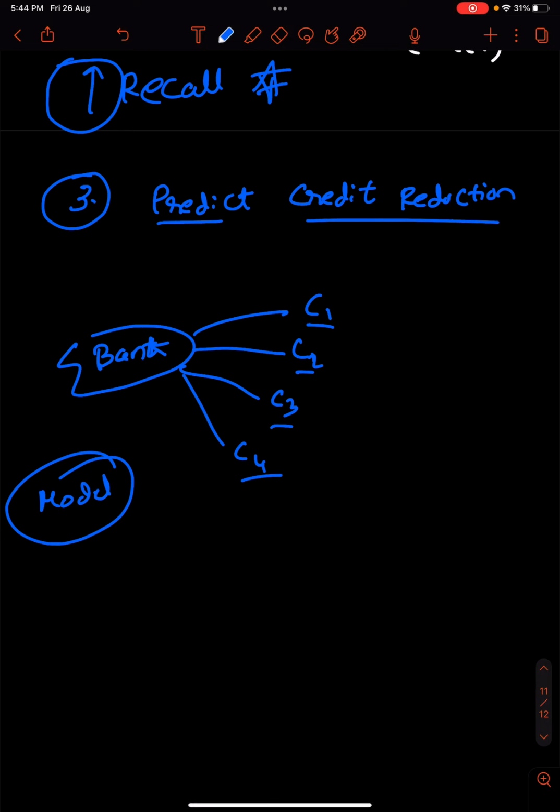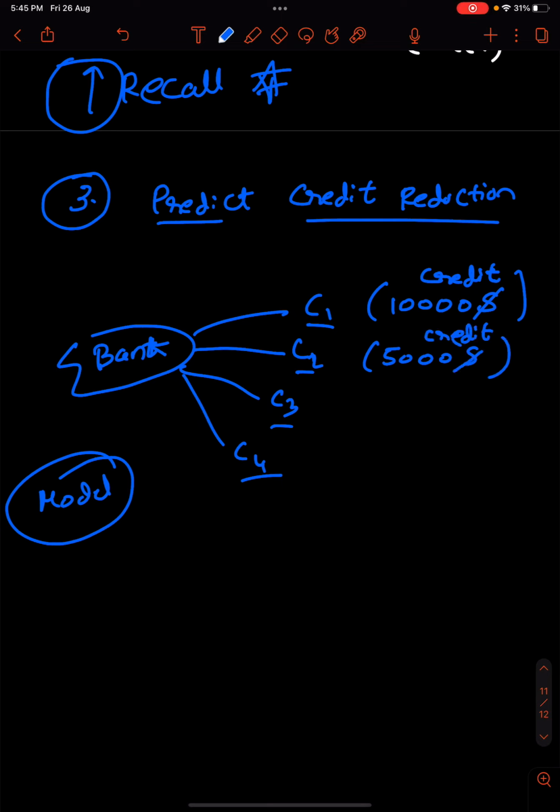Credit as in the amount which can be given for transactions on the credit card the person is using. Let's say person A has $10,000 of credit which he can use for 1 month or 6 months or whatever, and this guy has $5,000 of credit, and so on.